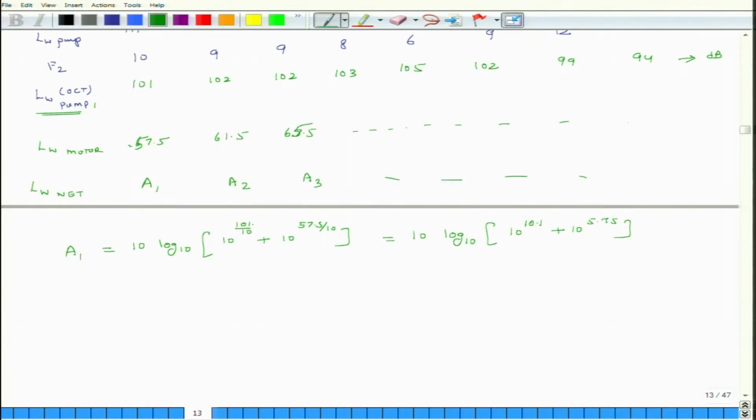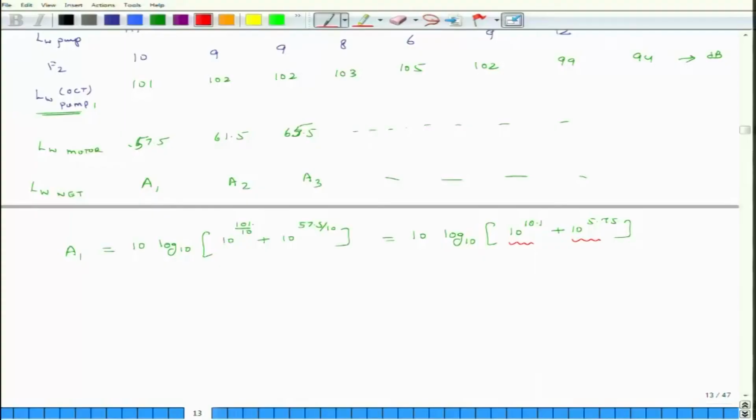Now, when you look at these numbers, 10 to the power of 10.1 is extremely large compared to 10 to the power of 5.75. So I don't even have to do the math. When I add them up, the sum will be the same as 10 to the power of 10.1, roughly, right? And if I take its 10 log, it will still be 101 decibels.